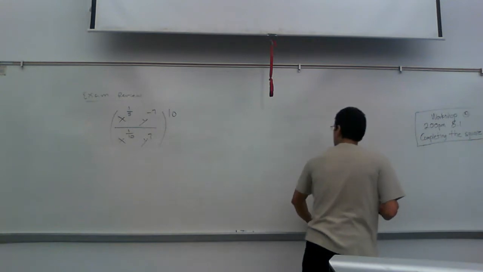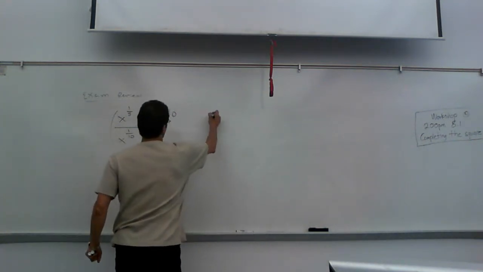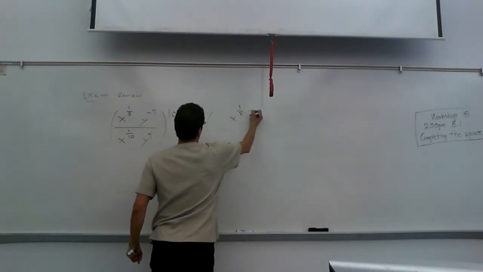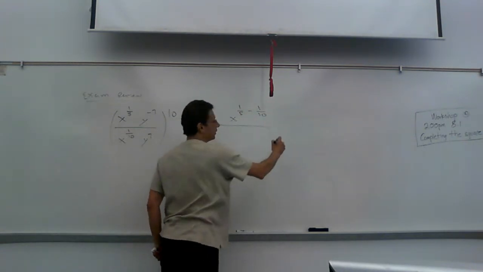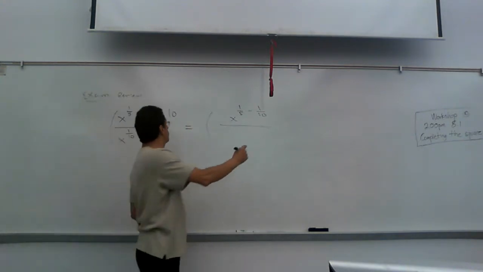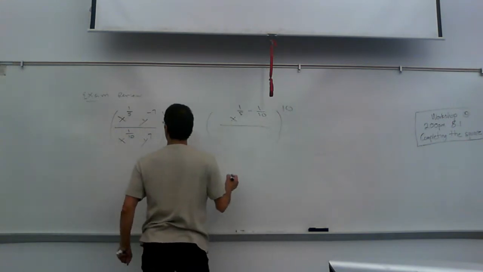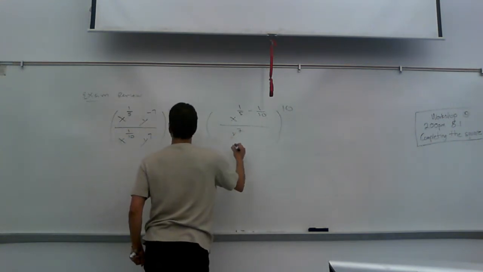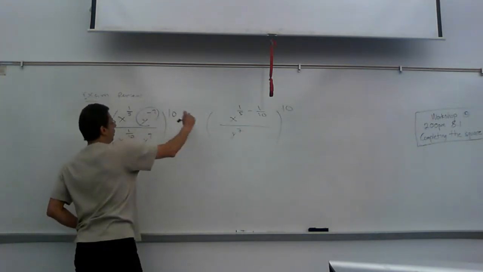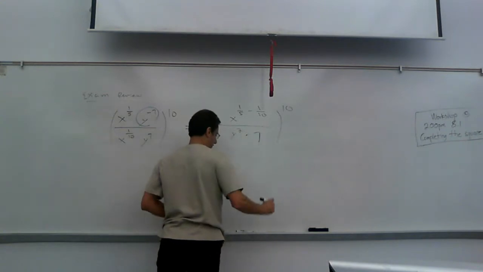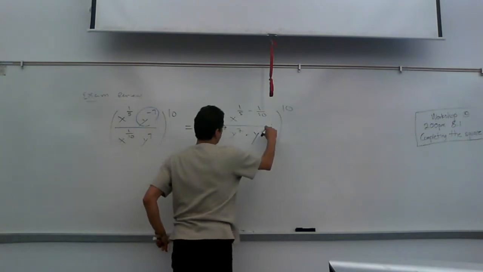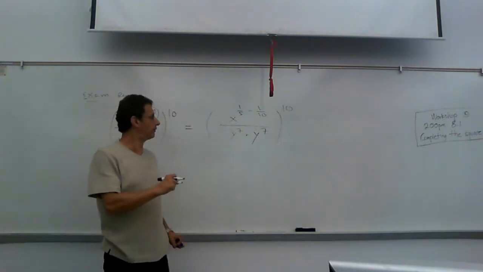Do you see that this becomes what? x to the power of 1/5 minus 1/10, and the reason we do it this way is because we know 1/5 is larger than 1/10. If we want to do the order of operations, this remains. And then you have y to the power of 7. This y to the power of -7 also goes down, becomes y to the power of +7. It's unfortunately a common mistake.